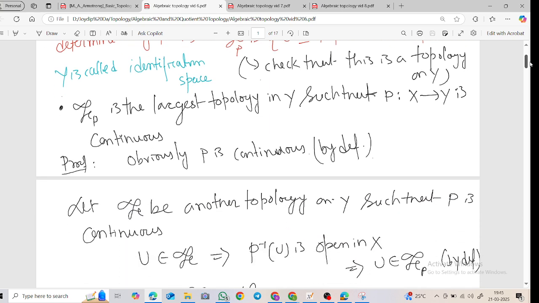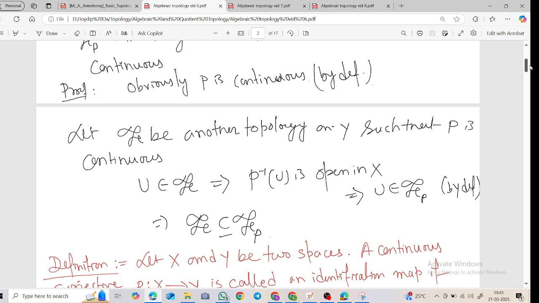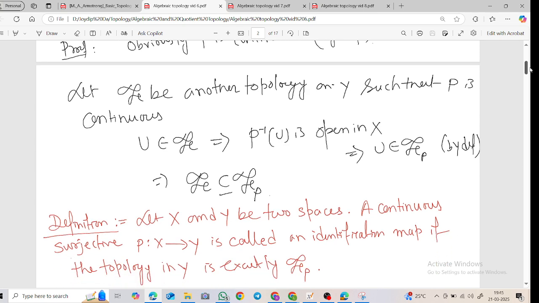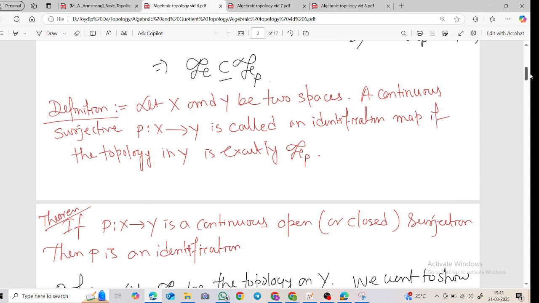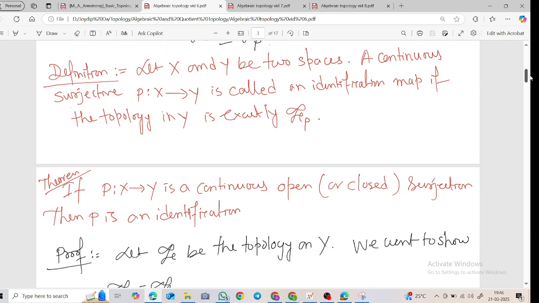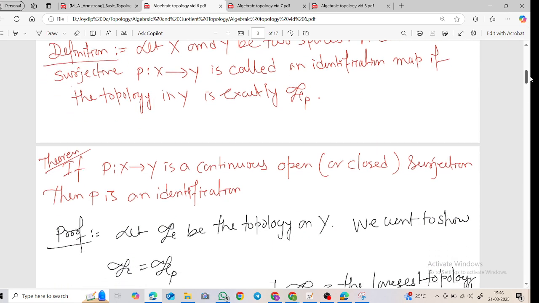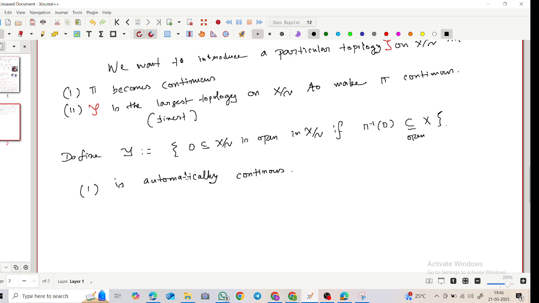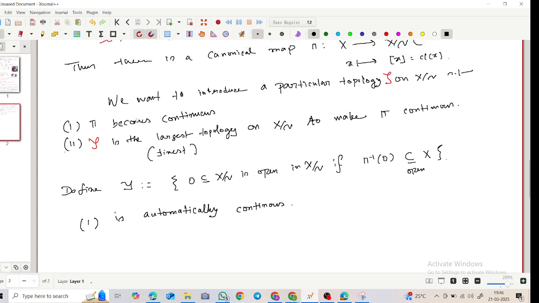Figure open is continuous by definition. So let's do it in Bharat notation. Let's not write tau, let's write script f.